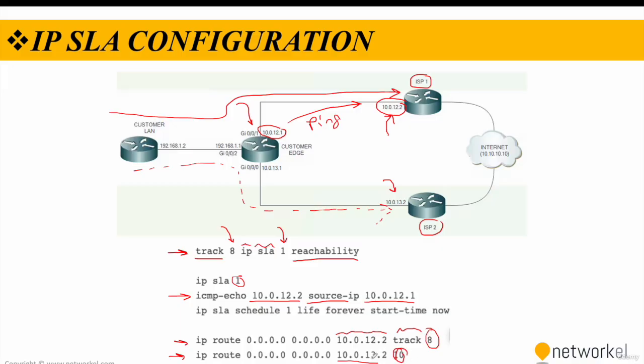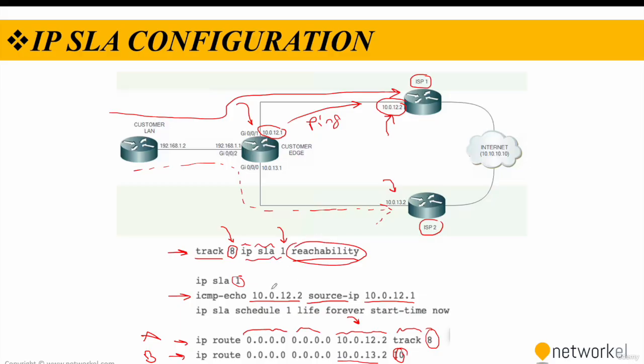So in this scenario, guys, this one is the backup route and this one is my active route. I'm defining a default route with a next hop of my ISP1 interface, and here I am tracking track 8. What is track 8? It is tracking the reachability for IP SLA 1.